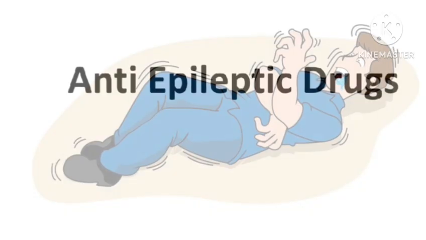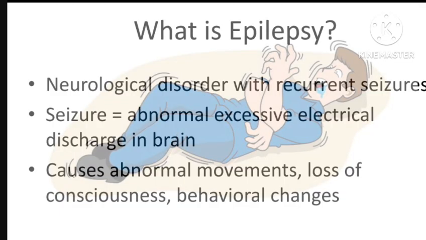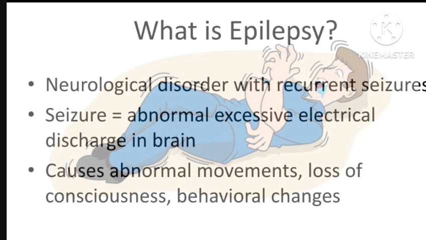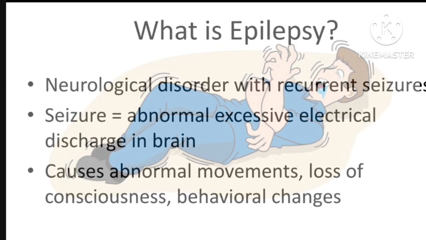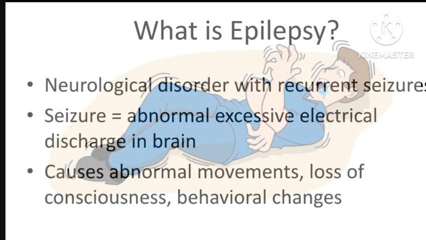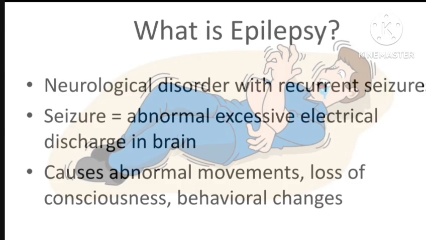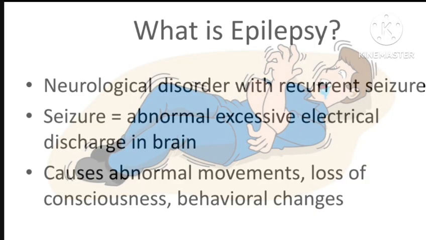So, what is epilepsy? Epilepsy is a neurological disorder characterized by recurrent seizures. A seizure is a sudden, abnormal, excessive electrical discharge in the brain. Normally, neurons communicate in a controlled manner. One neuron sends a signal to another neuron in an organized way.